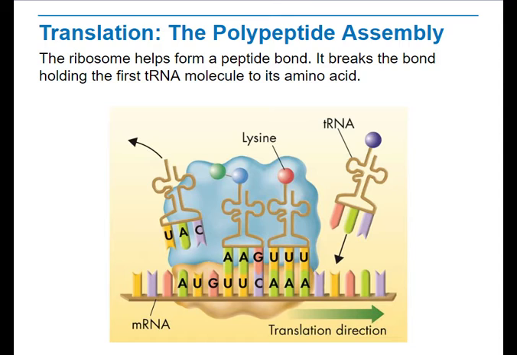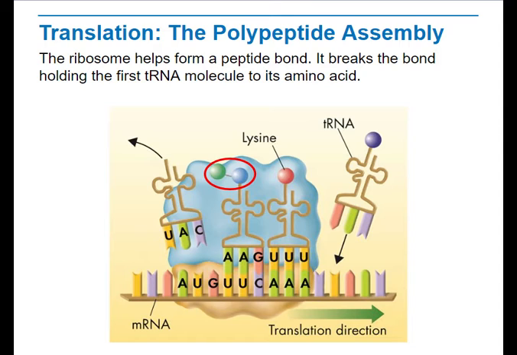The ribosome is the blue and gold structure that we see here. It's actually reading the mRNA and making the connections between the amino acids. So here we see a connection between the methionine and phenylalanine.